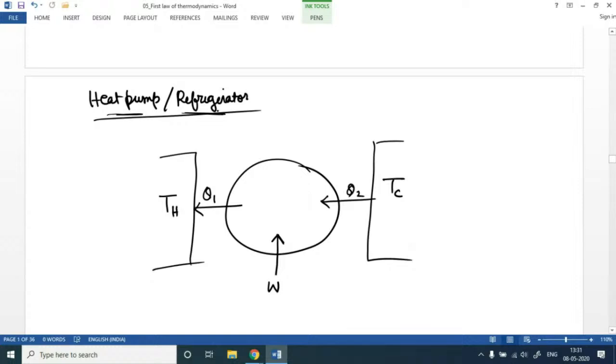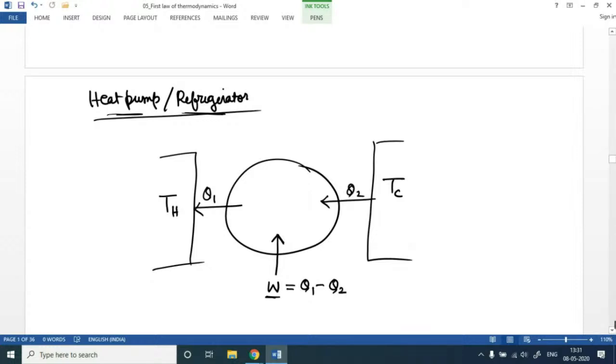You must realize that without electricity, neither a heat pump nor a refrigerator is going to operate. This W is nothing but the balance between Q1 and Q2, that is Q1 minus Q2.